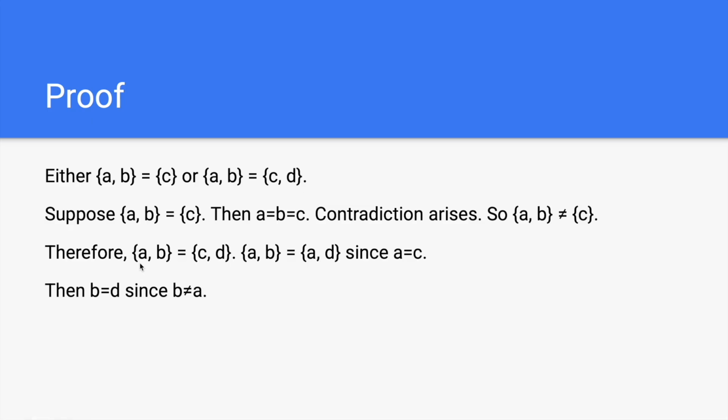We have {a, b} equals {c, d}. From the previous page, we know that a equals c. So {a, b} equals {a, d}. Either b equals a or b equals d. But because we know that b is not equal to a, so we have b equals d. So we have proven this theorem.